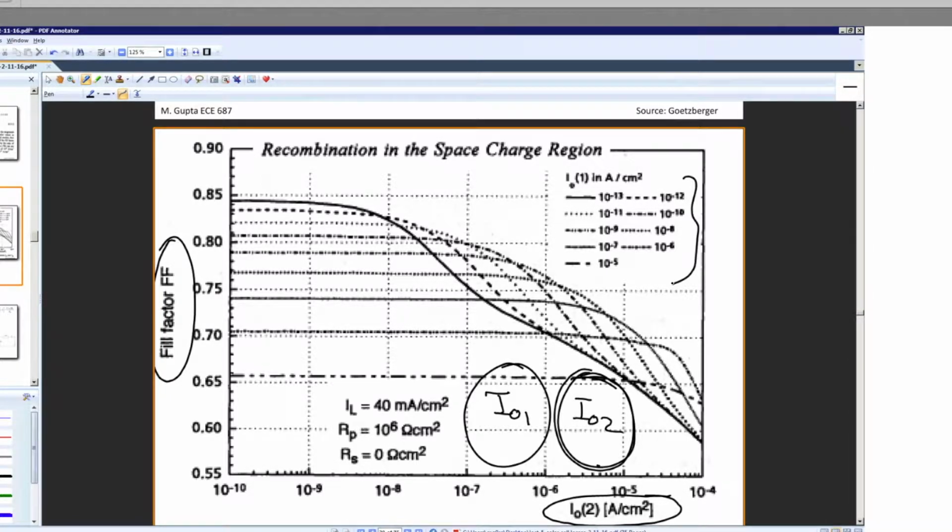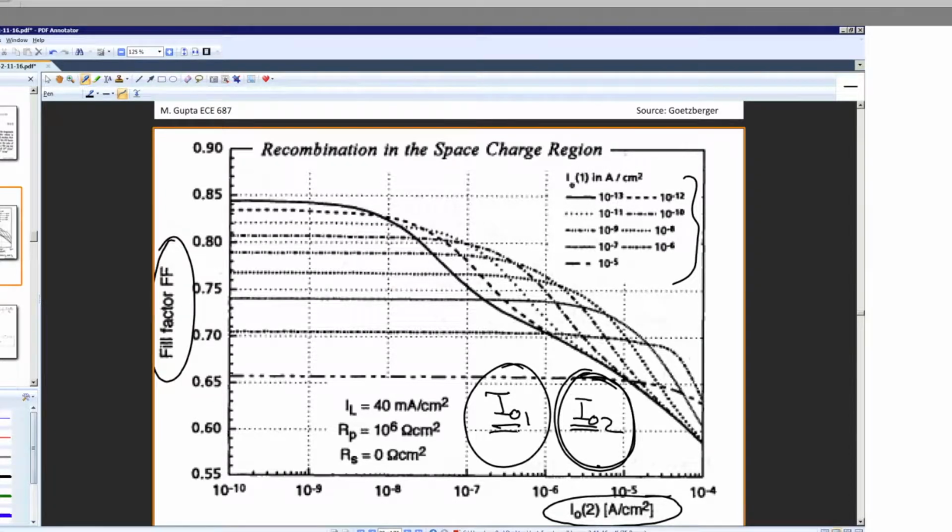Well, maybe I should ask you, what I02 value would you like to achieve? What values of I01 and I02 would you like to have to get higher efficiency? Low I01 and low I02, right?